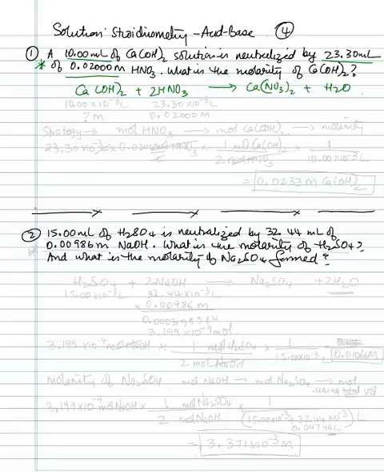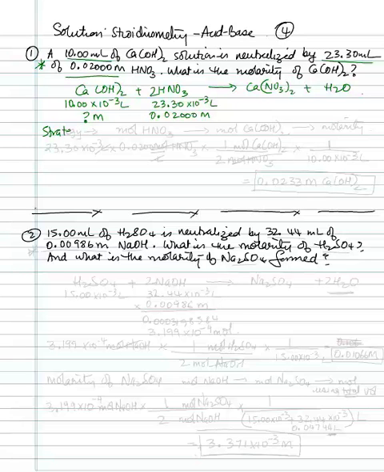Then for calcium hydroxide, we have 10 milliliters, which remember to convert into liters, and we have the liters of HNO3, so that's 23.30 times 10 to the negative 3 liters, and the molarity is 0.02000 molarity, and we're supposed to find out the molarity of calcium hydroxide.